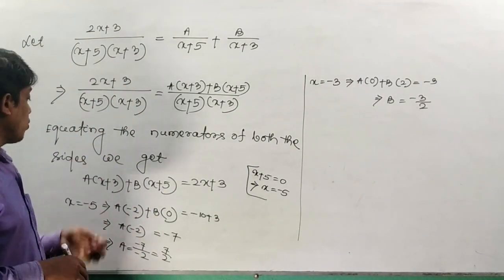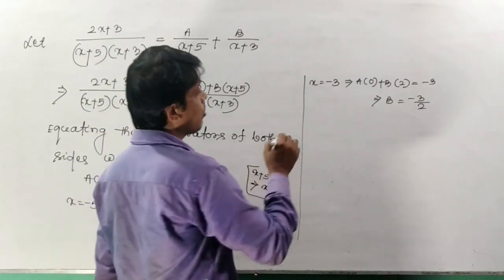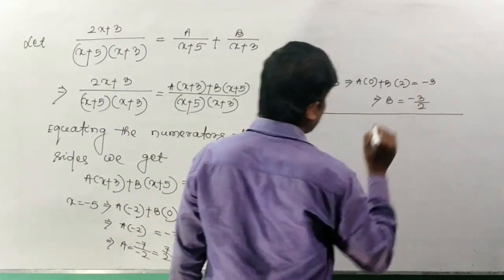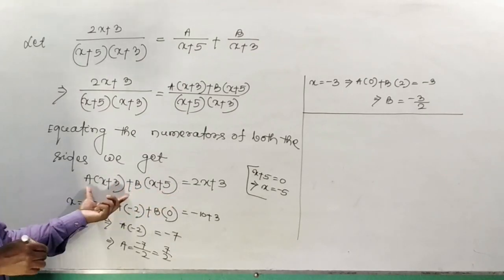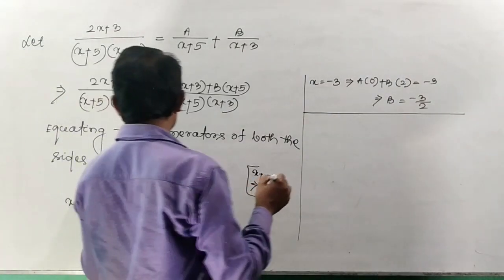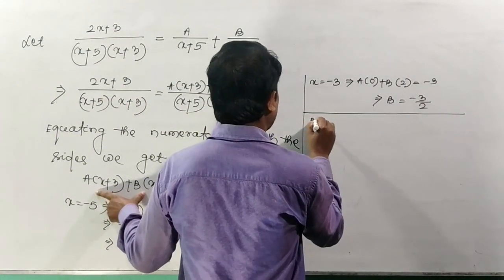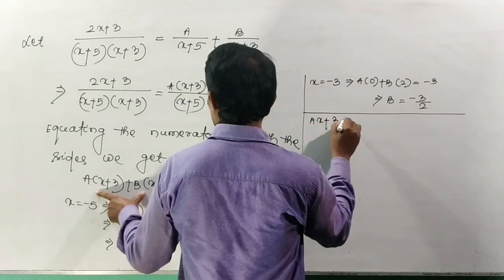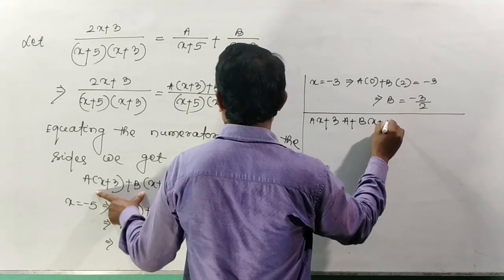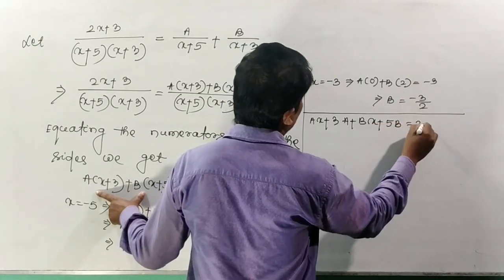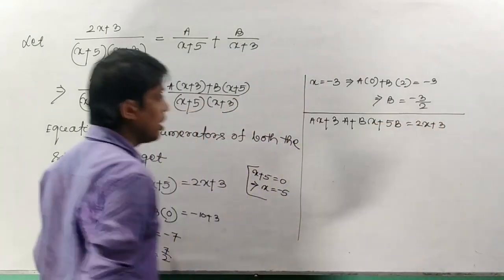But if we have to take the coefficients, how can we solve? Mark it, the other method. This expression can be expressed, multiplying this out, as ax plus 3a plus bx plus 5b is your 2x plus 3.